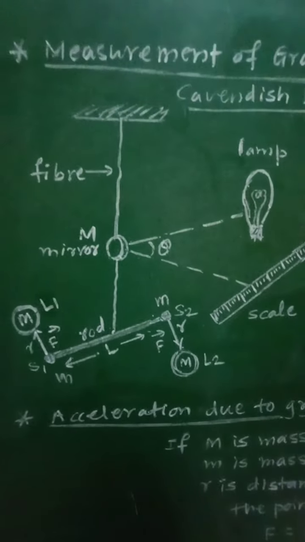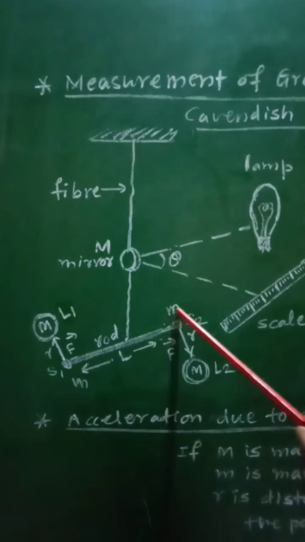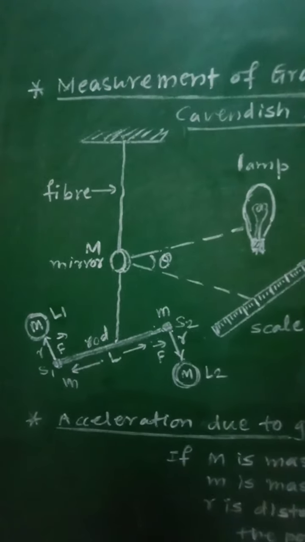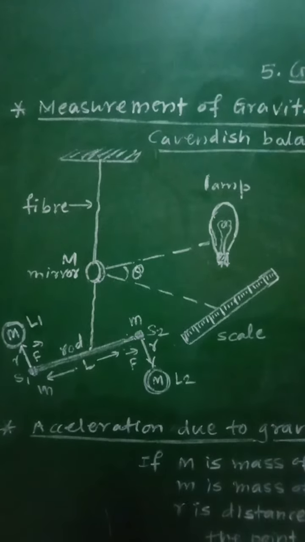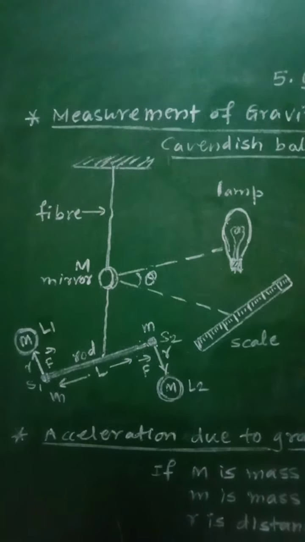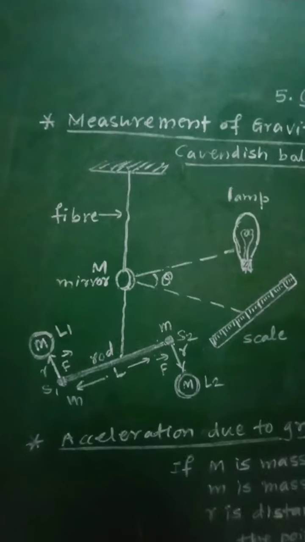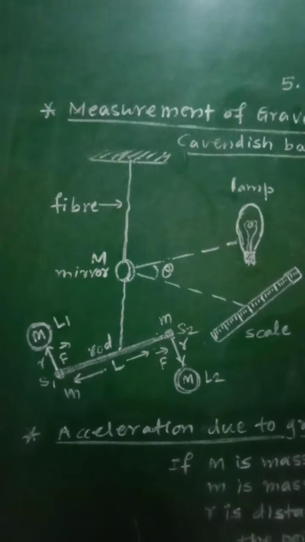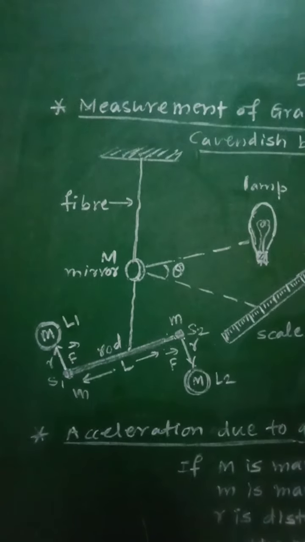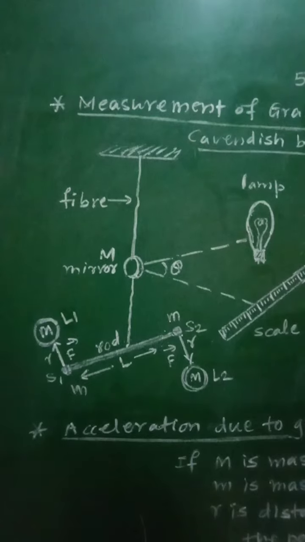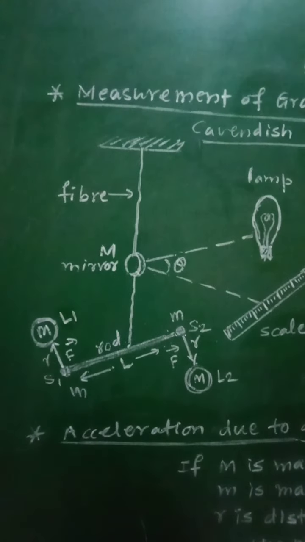And therefore, if you consider the construction of this Cavendish balance, then it consists of a light rigid rod, that is this S1, S2 will represent this light rigid rod. It will be supported at the center by a fine vertical metallic fiber about 100 centimeter in length.